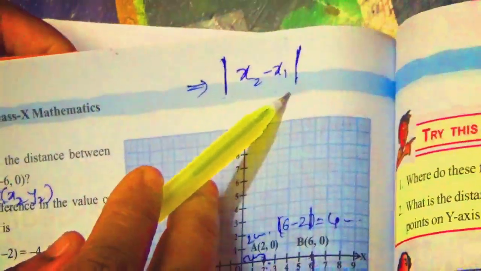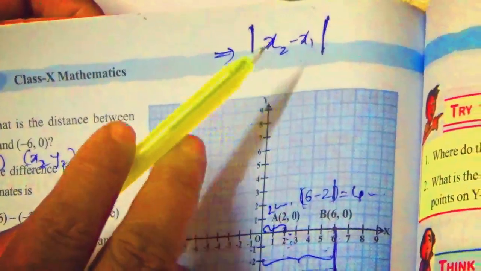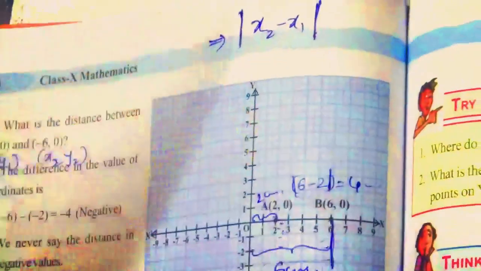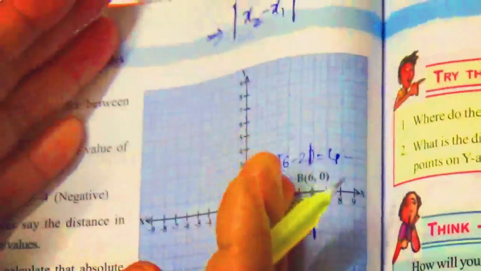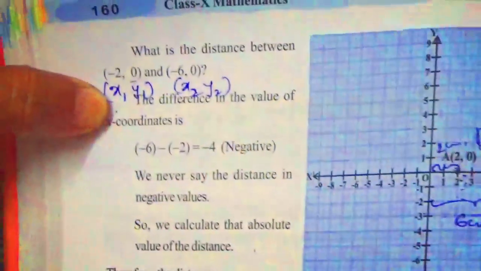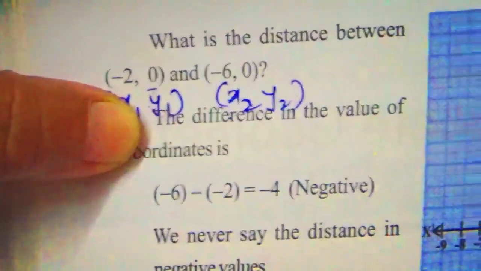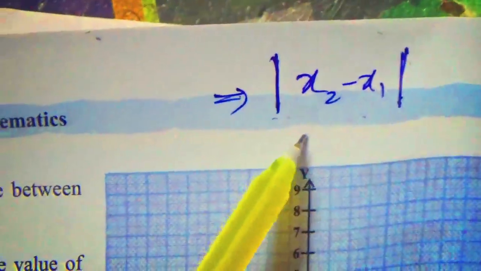When the y coordinates are 0 in the 2 points, the formula for the distance between the 2 points becomes modulus of x2 minus x1.